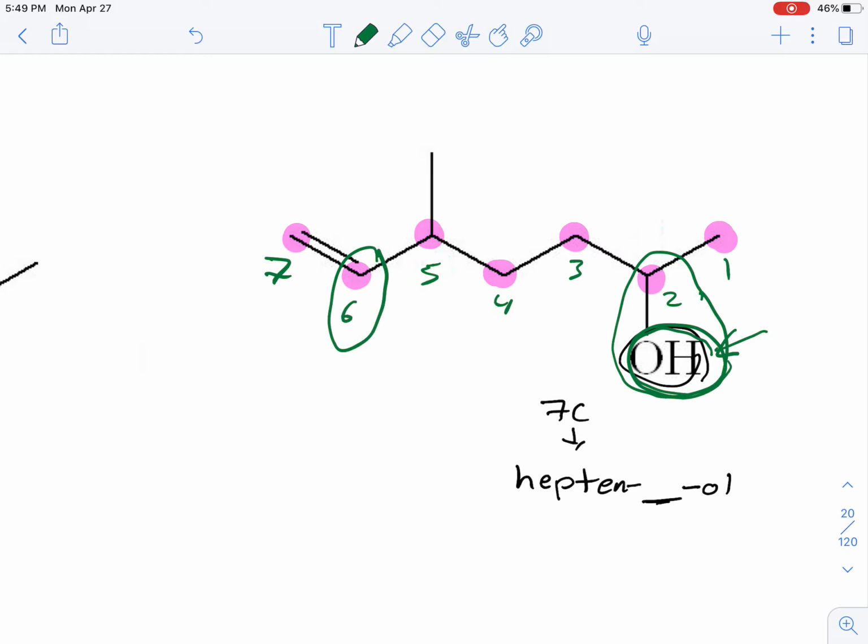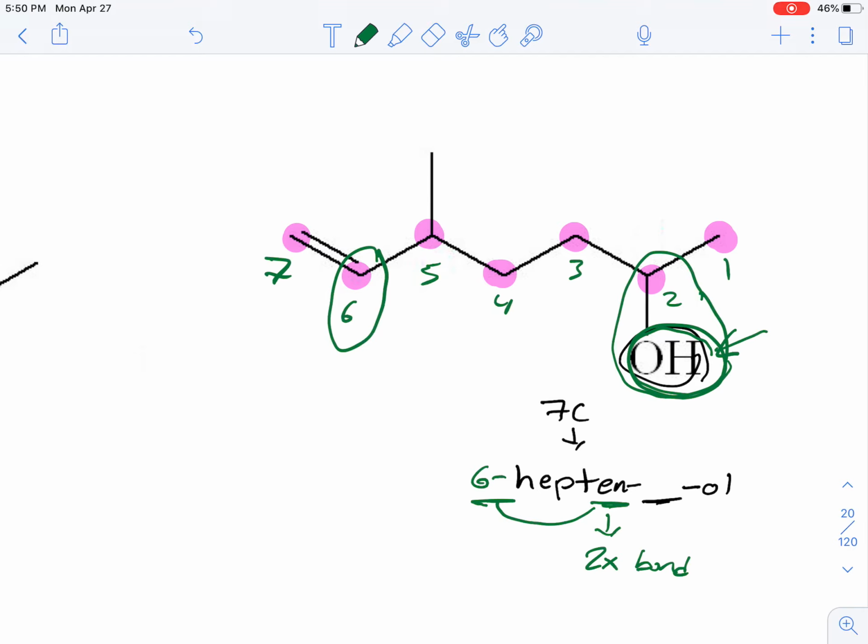And so since "en" represents the double bond, I'm going to communicate to the reader its position on the parent chain. And so I'm going to put 6 dash in front of hept to communicate to the reader that the double bond is on the 6th carbon.